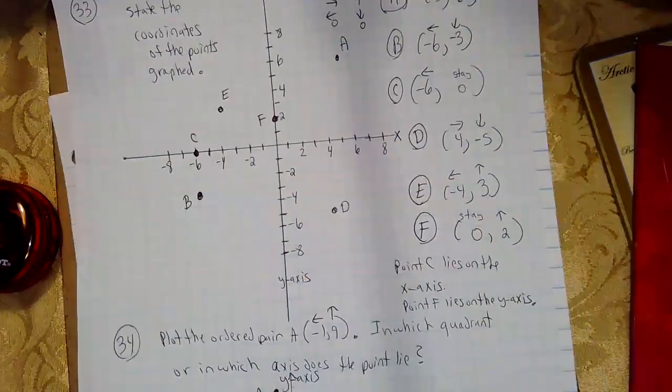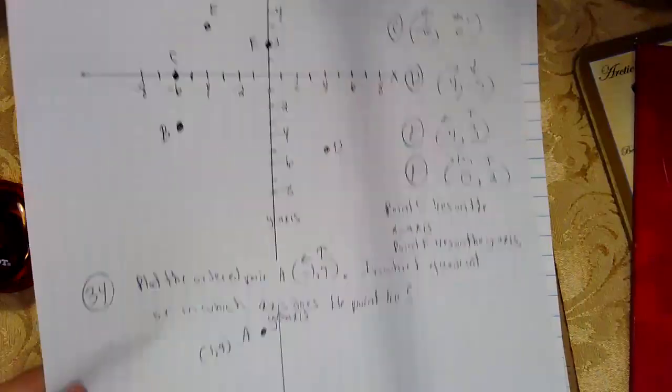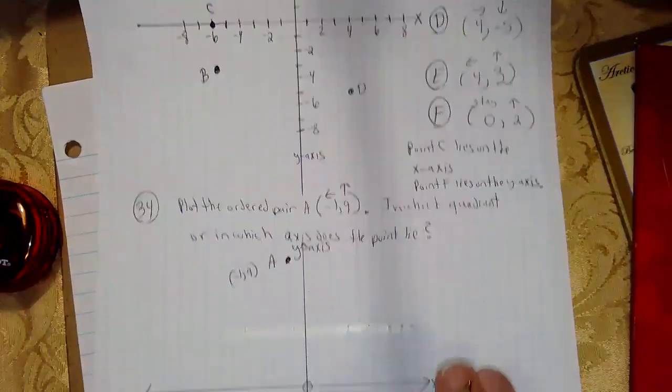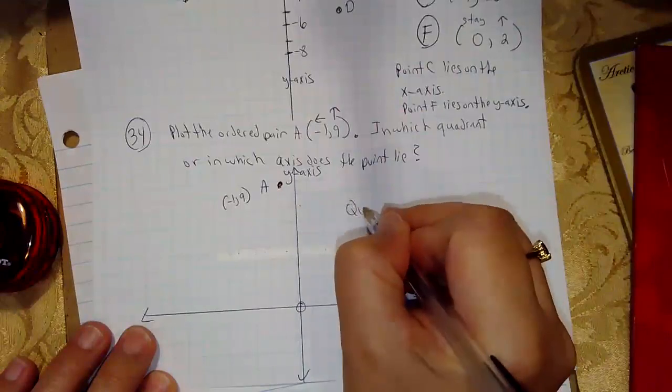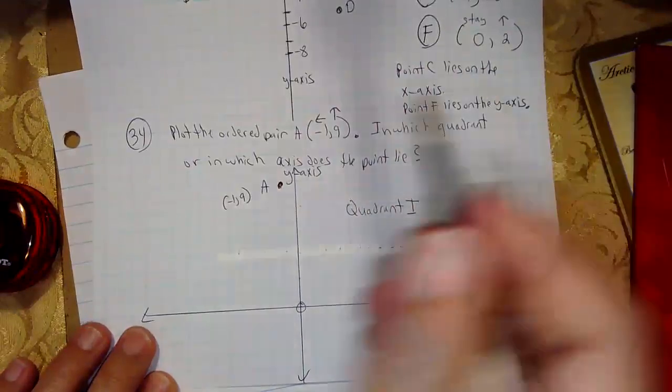Or if they don't lie on an axis, they lie in a quadrant. That's why we're talking about the quadrants. If it lies in this box, this is called quadrant 1, and we go counterclockwise, against the clock.